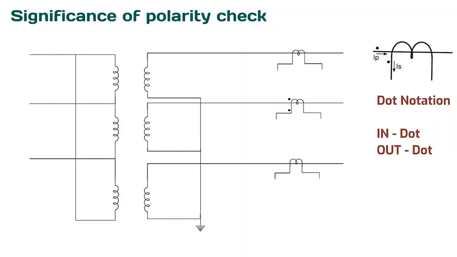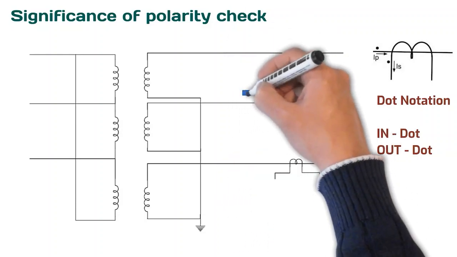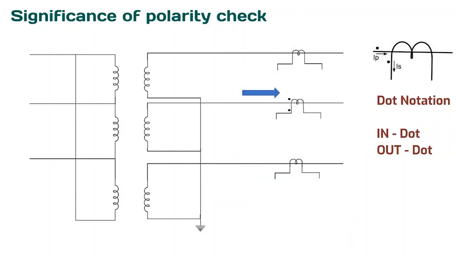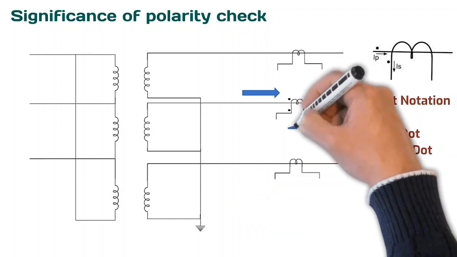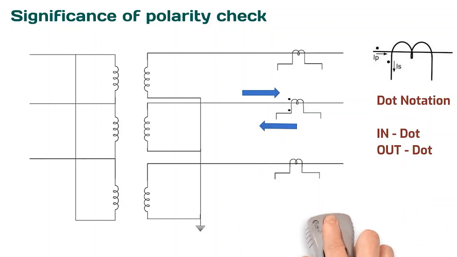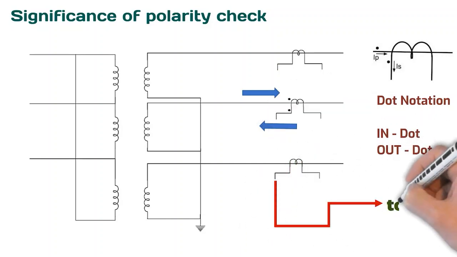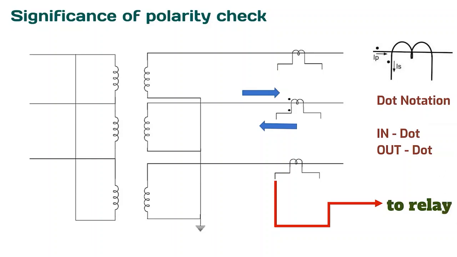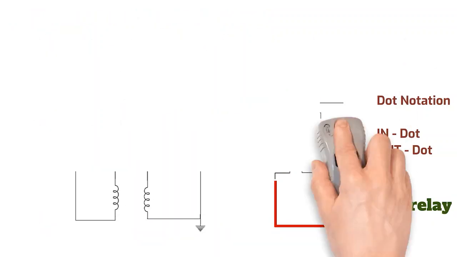Also, you can see the polarity of the CT. If the primary winding dot refers to current in, then according to dot notation, the secondary side dot shows current out. The CTs are connected to relays, and relays operate on unidirectional current. If we connect CTs with incorrect polarity, the relays will not work because of the false direction of current. Therefore, we should be concerned about polarity.